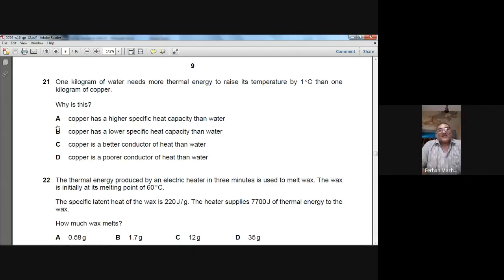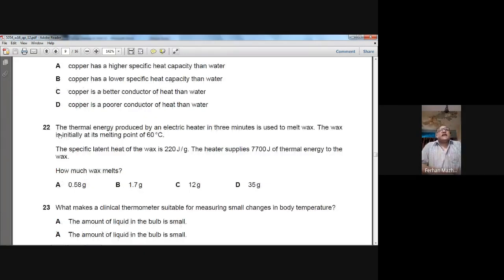The reason is that water has a higher specific heat capacity, and copper has a lower specific heat capacity compared to water. So copper has a lower specific heat capacity than water. Question number 21, B is the option.